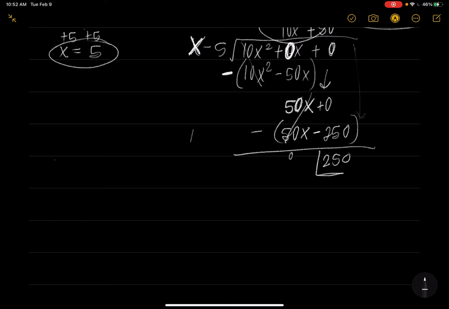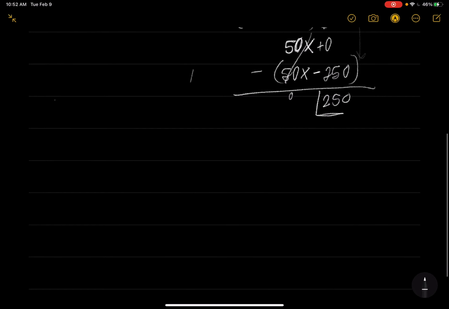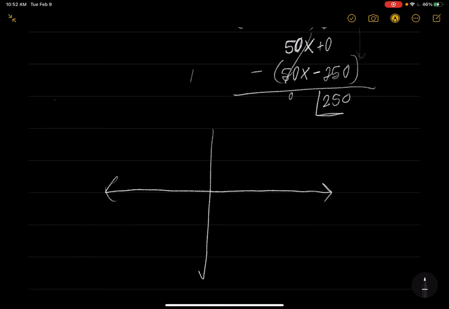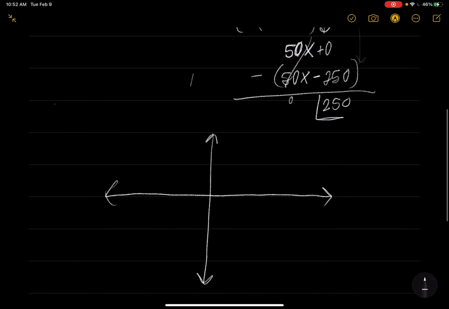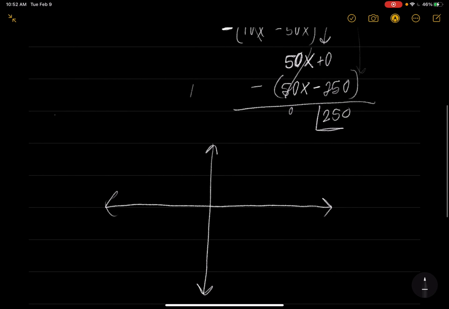The first thing that I would do on my scratch paper is plot those asymptotes. There was not a horizontal asymptote, but there was a vertical one at x equals 5.